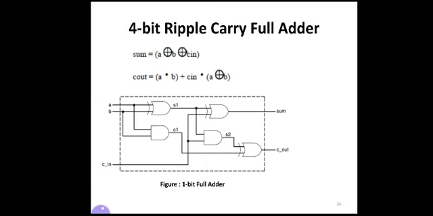For the 8 different combinations, find out the sum and Cout outputs, and when you draw the K-map, the equations are sum equal to A XOR B XOR Cin, and the carry output can be of different forms. One form is A and B plus Cin and (A XOR B).